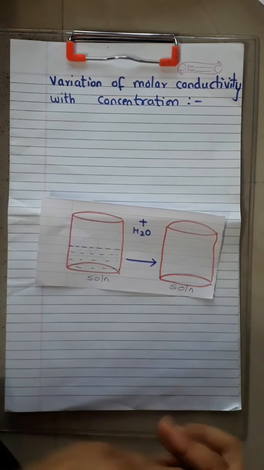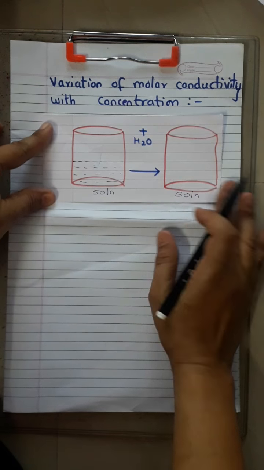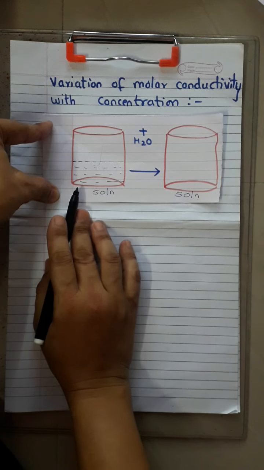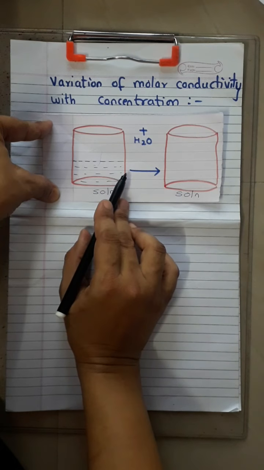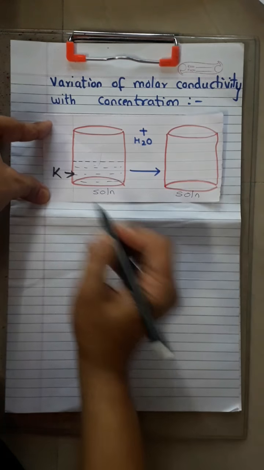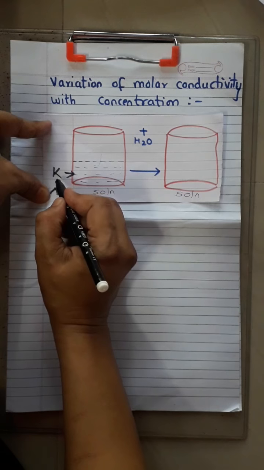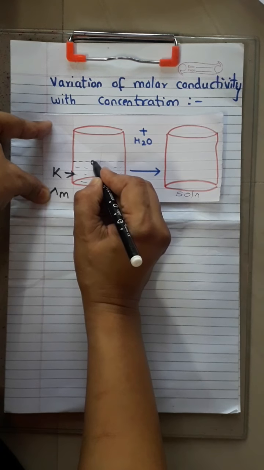So here I have one example in front of you. We have a beaker. The beaker has a solution in it, and this solution has a particular conductivity and a particular molar conductivity. When I say conductivity, it means conductivity of 1 ml solution.